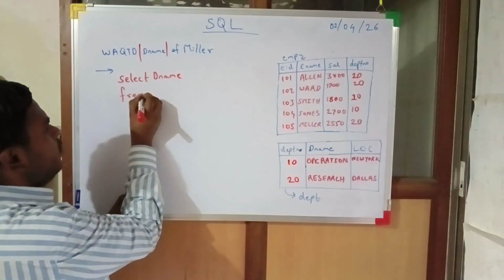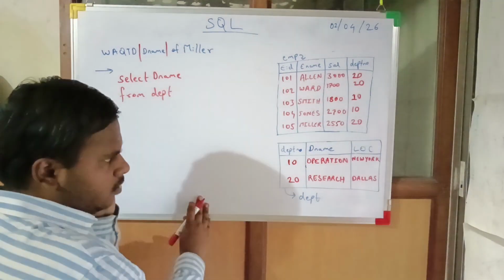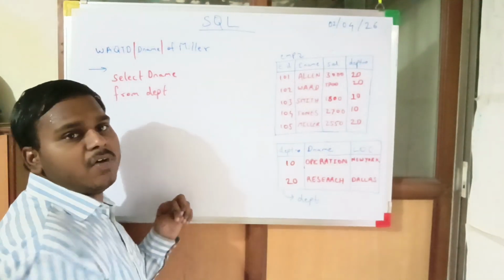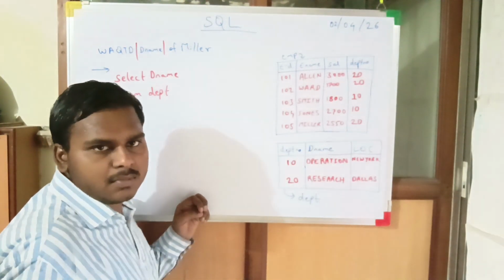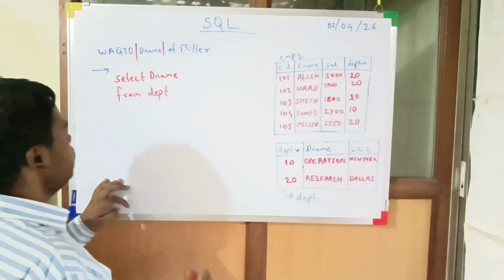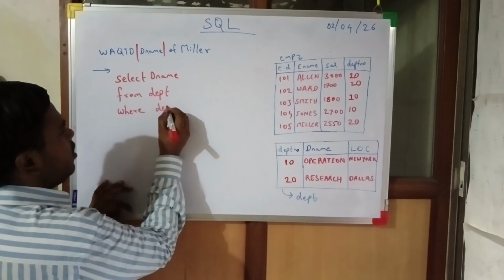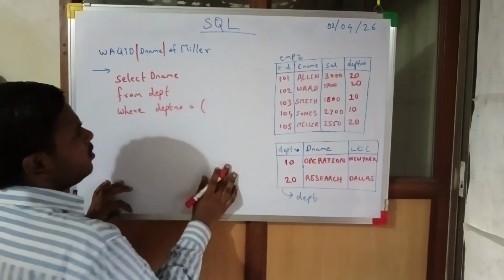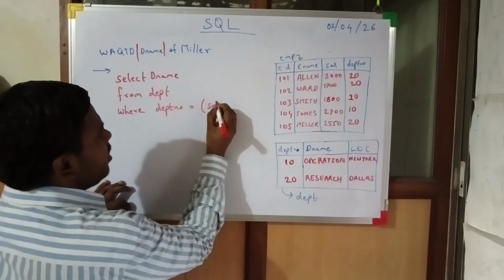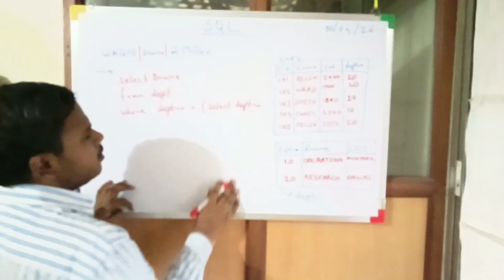So from DPT. Now first of all, how are we jumping from one table to another table? By using the department number column. So I will write where department number equal to, bracket, select department number.